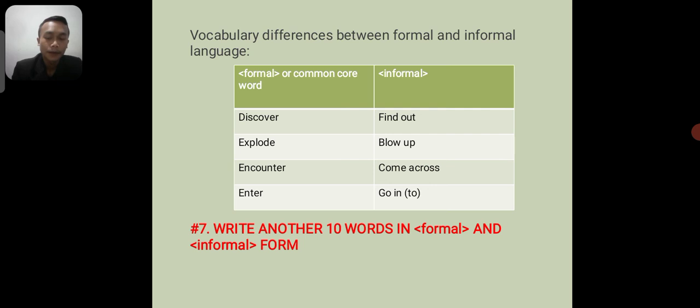And then here are the examples of formal and informal forms. The first, infantile, formal, childish, informal. And then nude, formal, naked, informal. And then obstinate, formal, stubborn, informal. And then peril, formal, danger, informal.